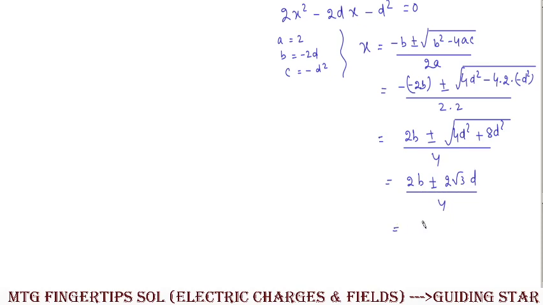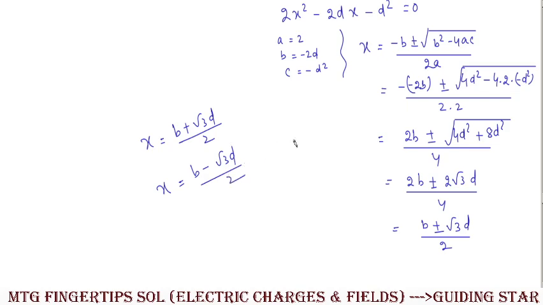So if we take 2 common, it will be d plus or minus root 3 d, all divided by 2. Clear? So the roots we are getting are d plus root 3 d divided by 2, and another one is d minus root 3 d divided by 2.